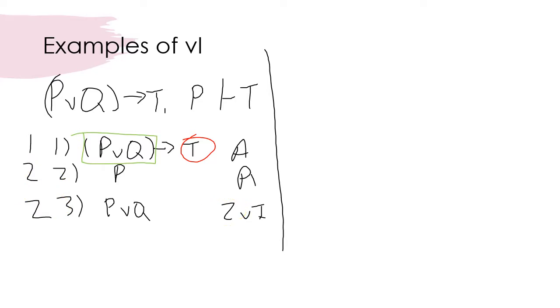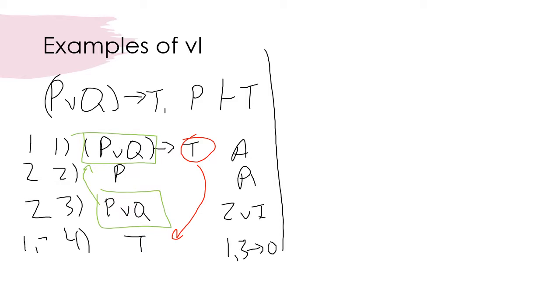Now we have the left side of our conditional statement, and then we can toss that left side into here, kick out our T down here. And so from 1 and 3, we get arrow out, 1 and 3, and that's our proof. That was what we were going for.